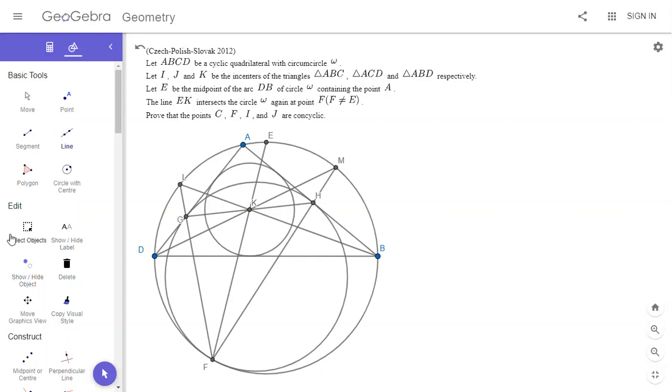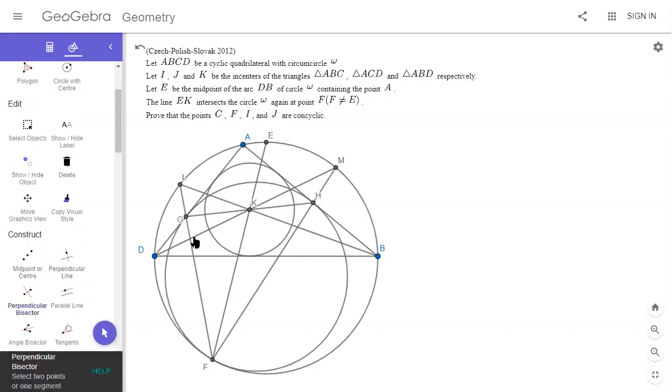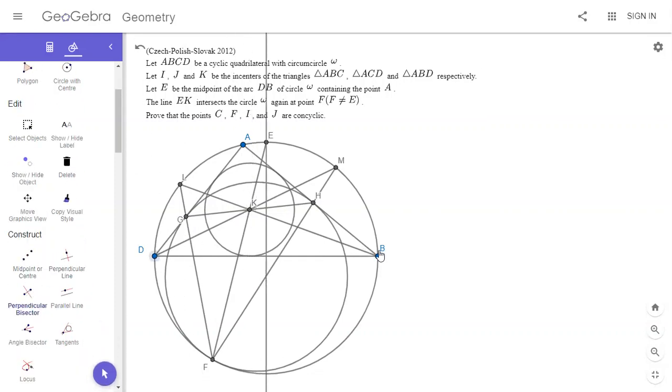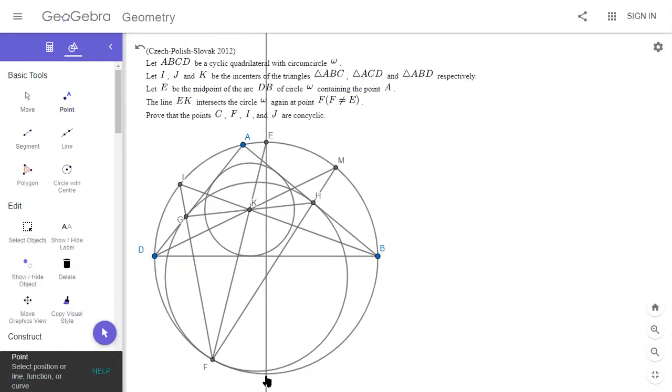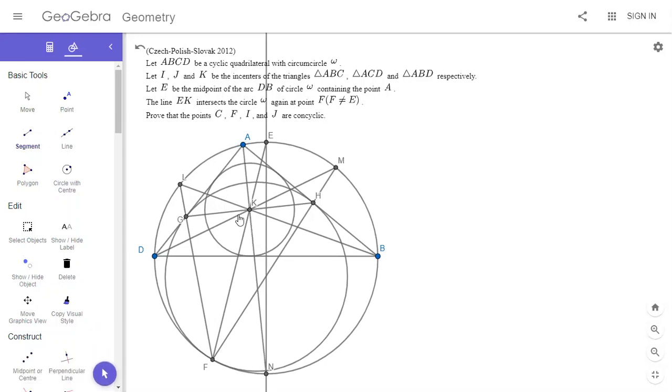Okay, so I'm going to label the midpoint of arc BD. I'm going to call it N. So you're saying if you take F, L, E, and M and you project them all through K, you get B, N, D, and E, which is harmonic.